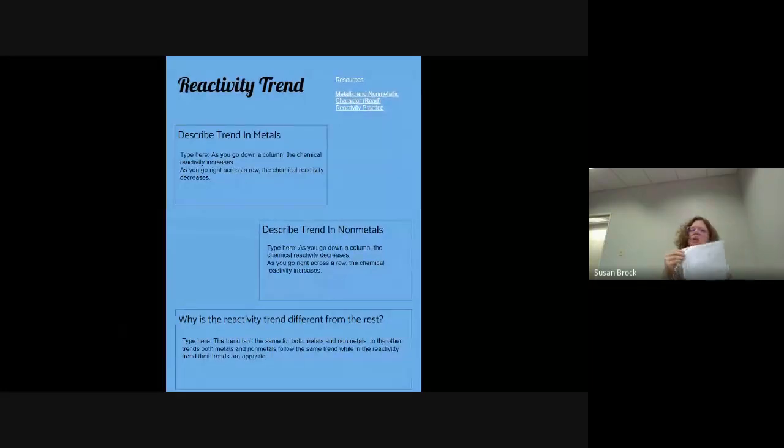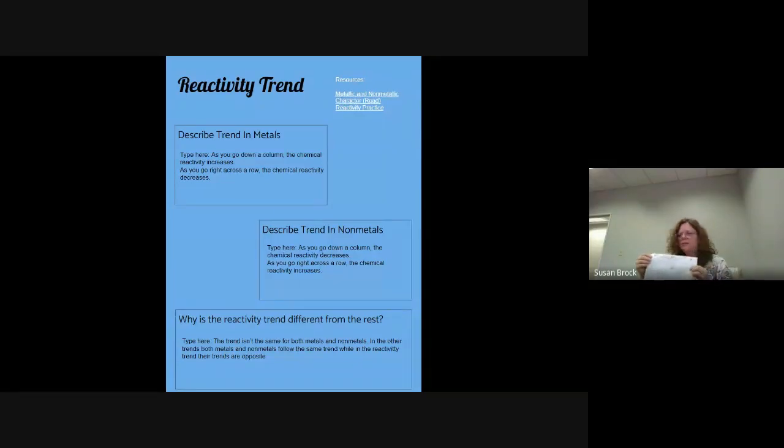All right, now non-metals over here. Non-metals going across become more reactive. Okay, more reactive. So you see metals became less, but non-metals become more. So we can't look at them together, right?